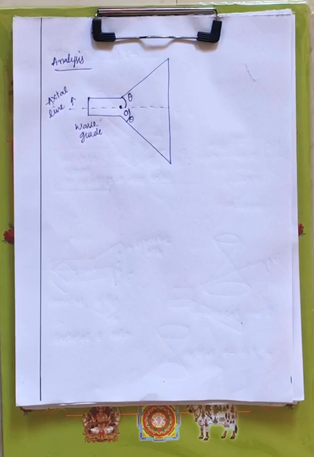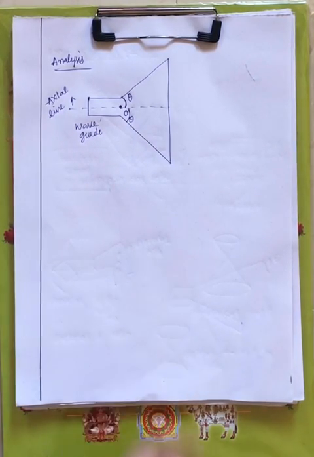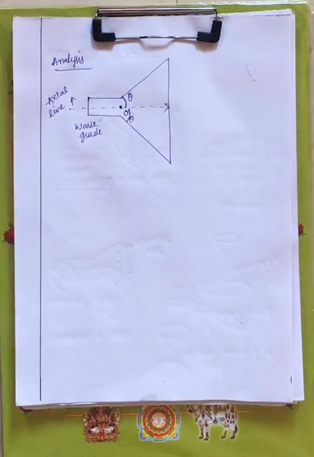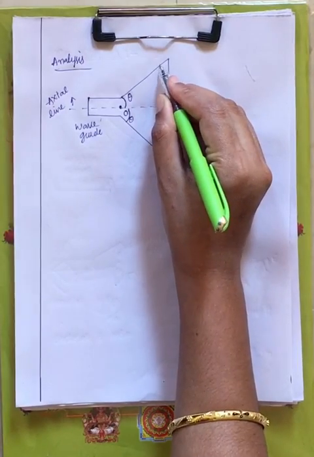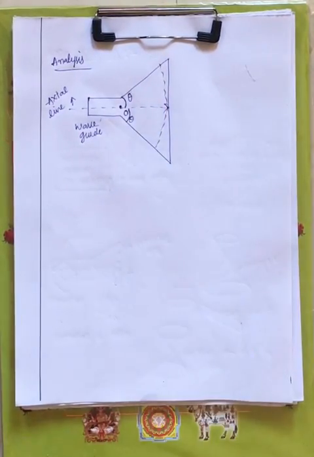Now the inclination is theta, and here you have again theta. The total angle will be 2 theta. And this we can draw as an arc.